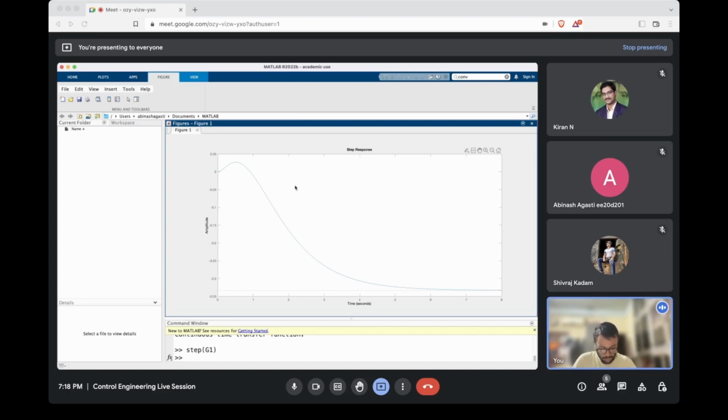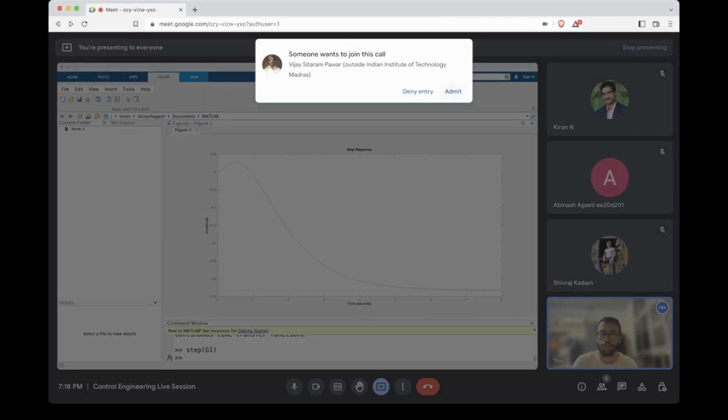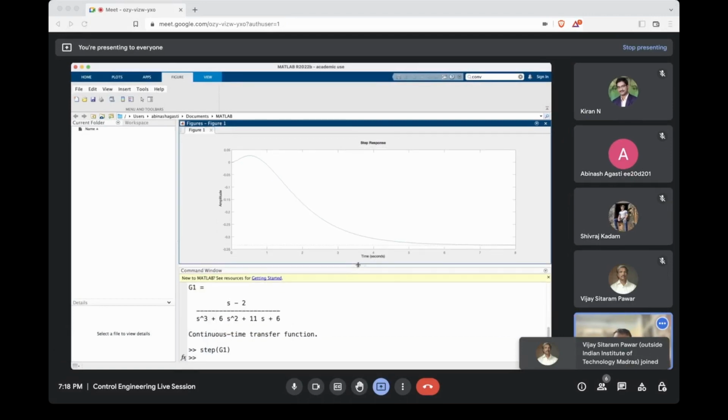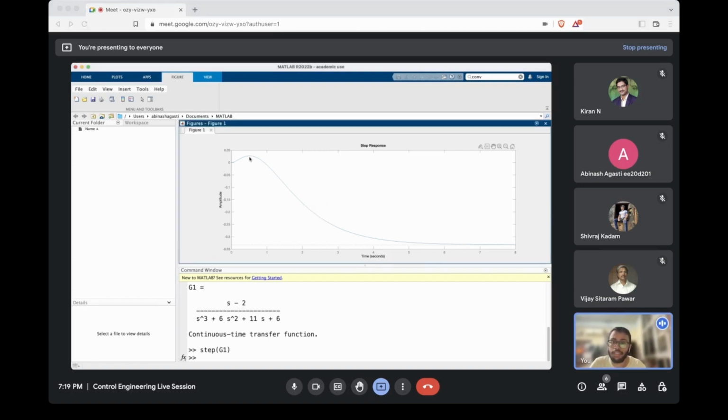The original system, if you remember, is s minus 2 by something. When we find the steady state value, limit s goes to 0 of s into 1 by s for step input into this g1, the only remaining thing will be minus 1 by 3. And this actually settles down to minus 0.33. So it works. Due to that subtraction, x dot minus 2x, we get something like this.